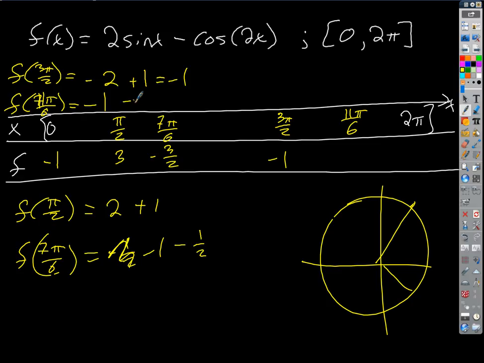Minus cosine of 2 times that, that's cosine of 11/3 pi. What's 11/3 as a mixed number? 3 and 2/3. So we're going to go 1, 2, 3 pi, and then another 2/3 pi puts us down there, doesn't it? Negative 1/2, right? So the cosine of that's gonna be the cosine of this one, not right down.